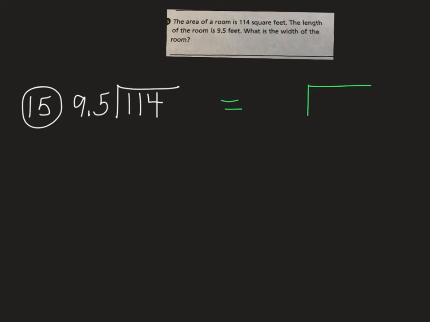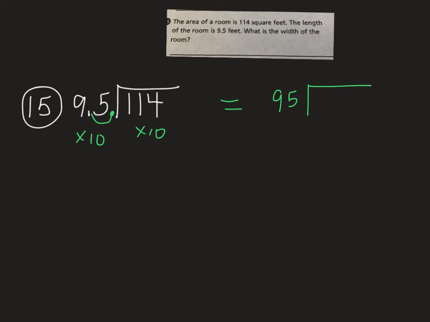So if my problem is 9 5/10, I need all of that to become 95. How do I do that? I have to multiply it by 10, because when I multiply this number by 10, each of these digits moves one place to the left, and 9 5/10 times 10 is 95. If I'm gonna do that for the divisor, I must do the same to the dividend.